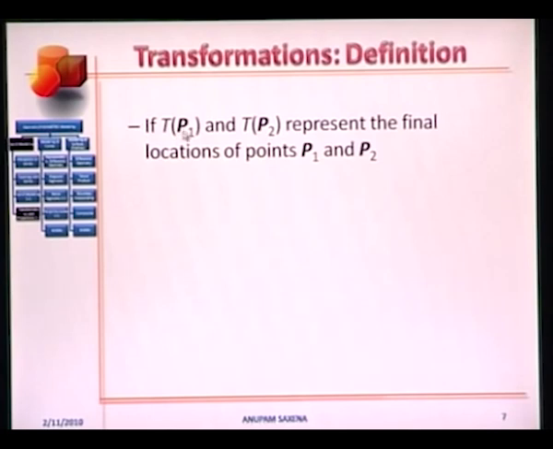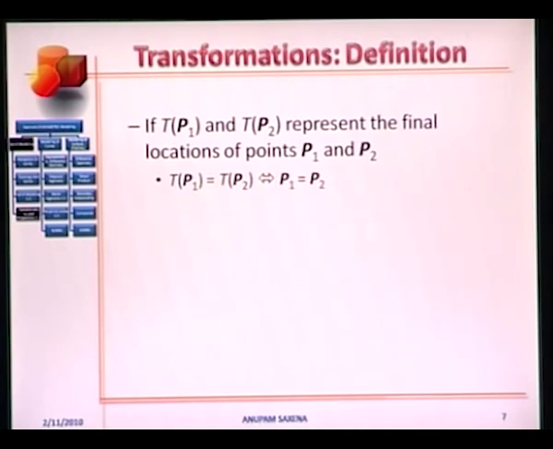Let's say we have a point P and T of P represents the transformation of that point. If T of P1, which is the transformed position of P1, and T of P2, which is the transformed position of P2, represent the final locations of points P1 and P2, then if T of P1 equals T of P2, then P1 equals P2.